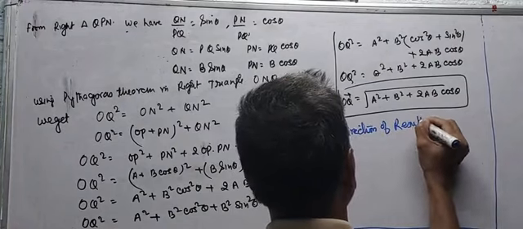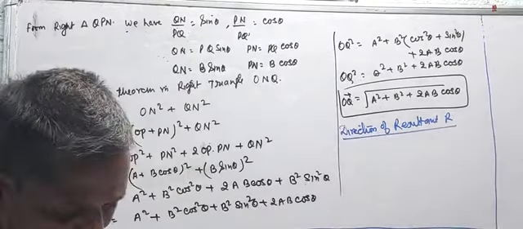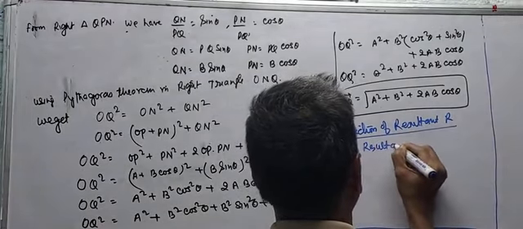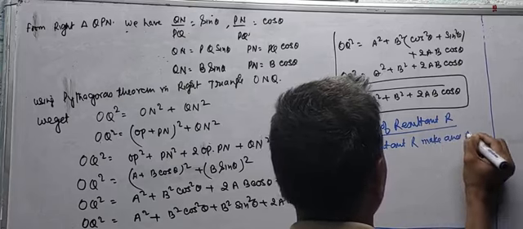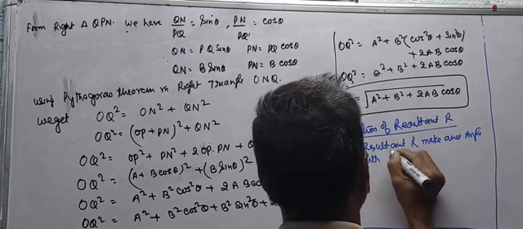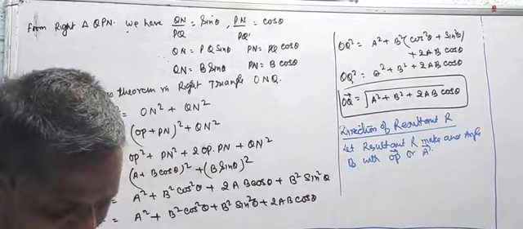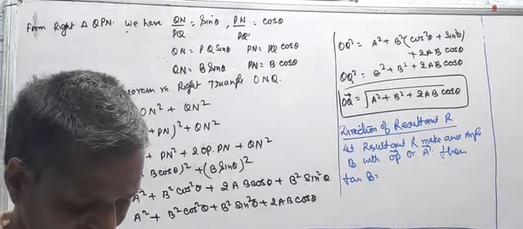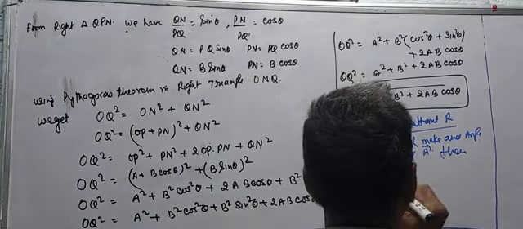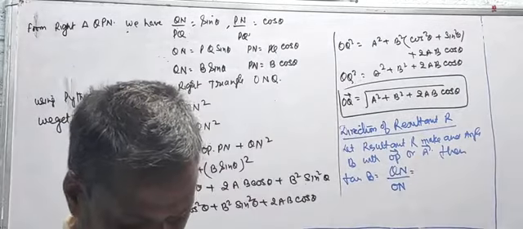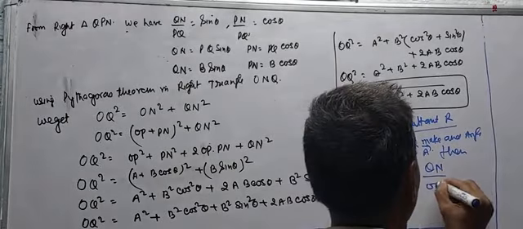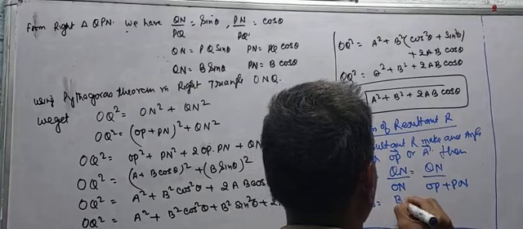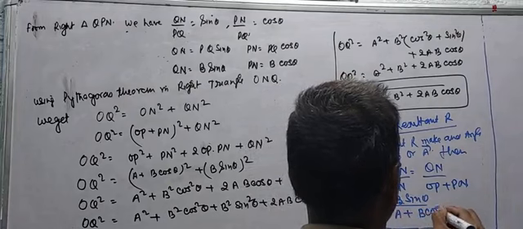Let resultant R make an angle beta with OP vector, A vector, then tan beta equal to QN upon ON, and it becomes QN upon OP plus PN, and QN equal to B sin theta, so B sin theta upon A plus B cos theta.